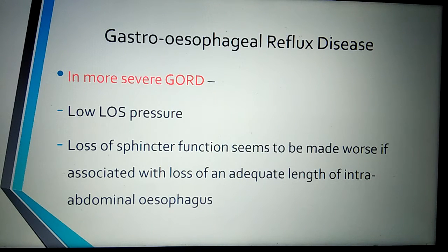Now, in more severe GORD, the loss of sphincter function seems to be made worse if it is associated with loss of the intra-abdominal esophageal length. If adequate length is not there, this becomes more severe.